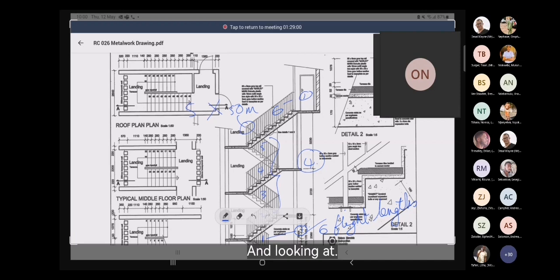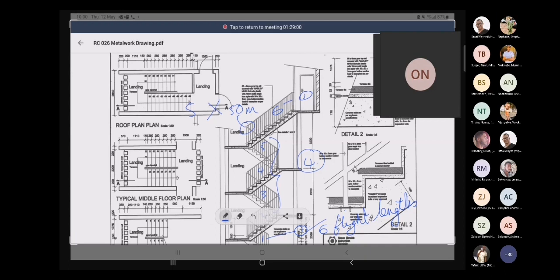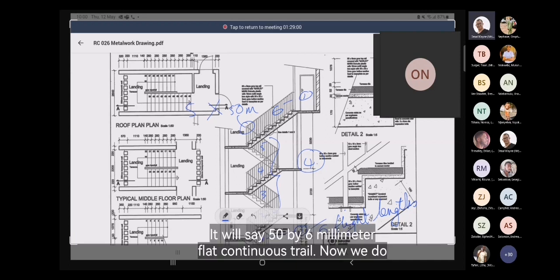We're looking at alternative C. It will say the following: galvanized mild steel staircase balustrading, and we will then have to do the detail for the mass of these. It will say 50 by 6 millimeter flat continuous rail. Now we do not have the weight of this, so we say times question mark kgs per meter equals my weight.